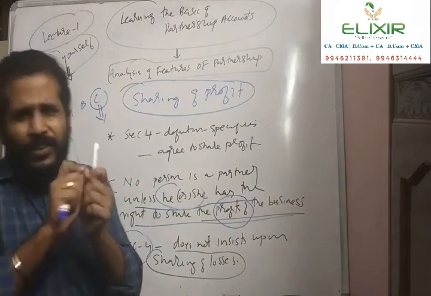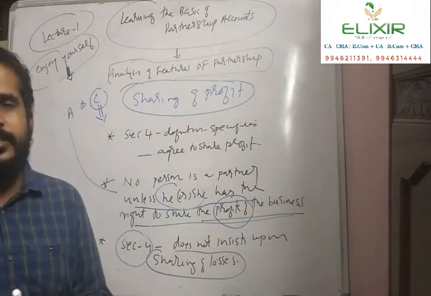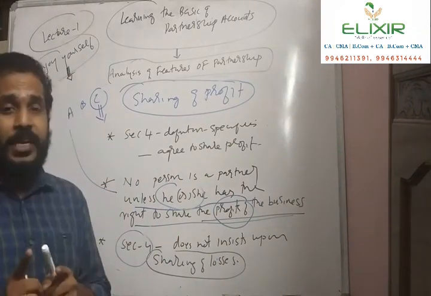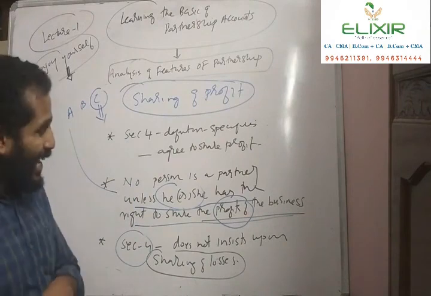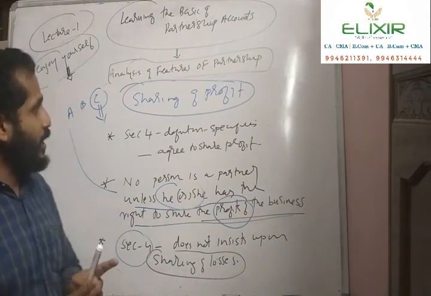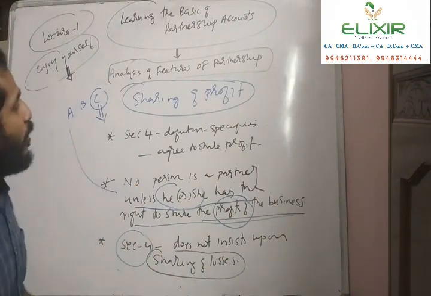And Section 4 does not insist on sharing the losses, but it is an implied condition that if there is an entitlement to share the profit of the business, the partners are obliged to share the losses as well. This is all about the sharing of profit.